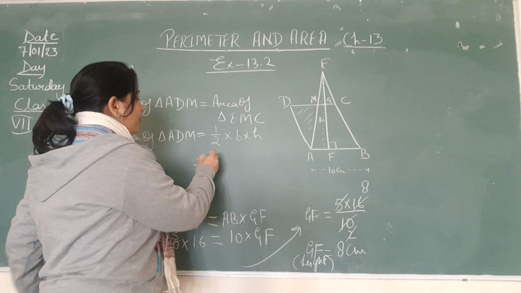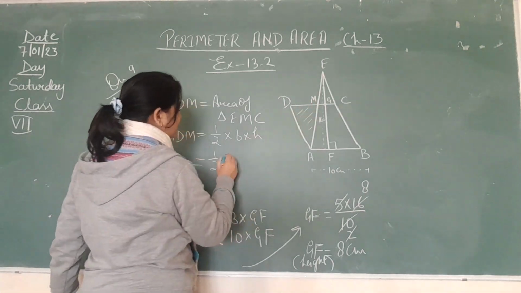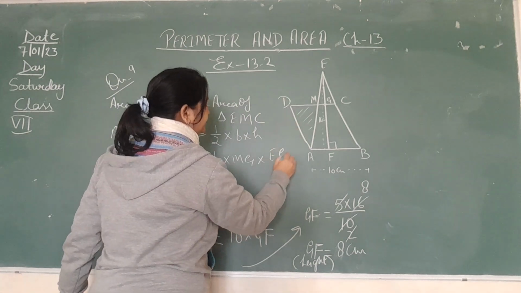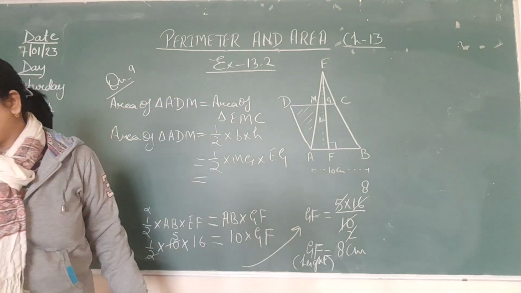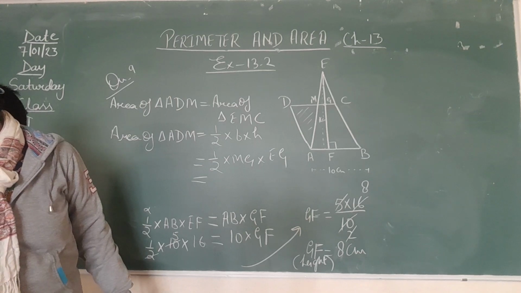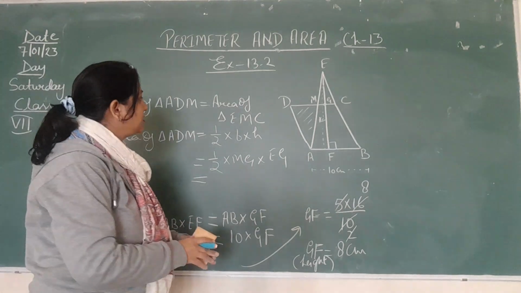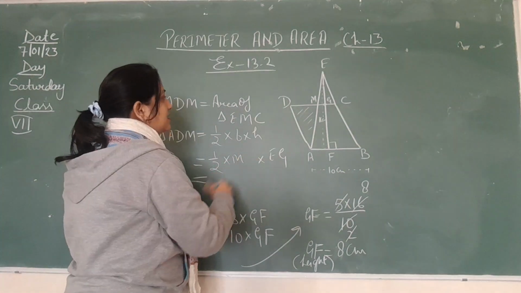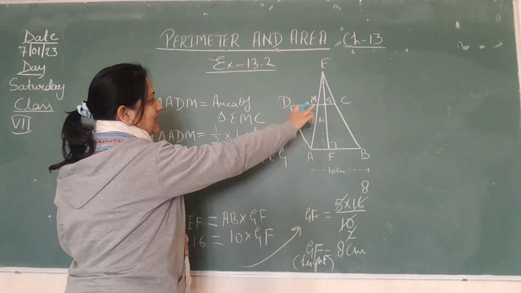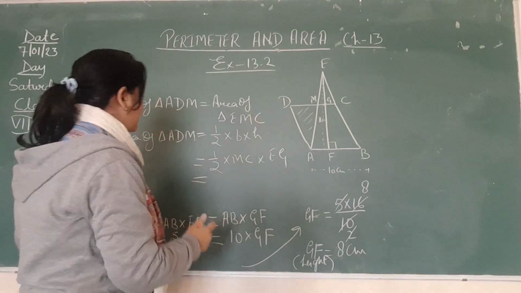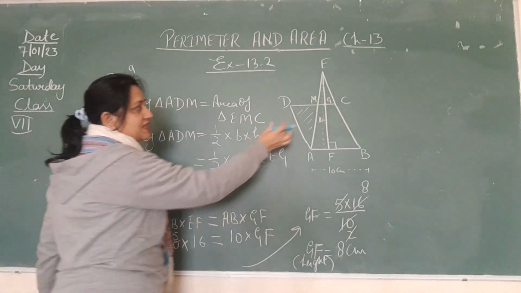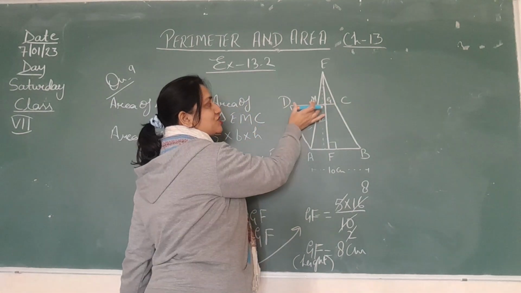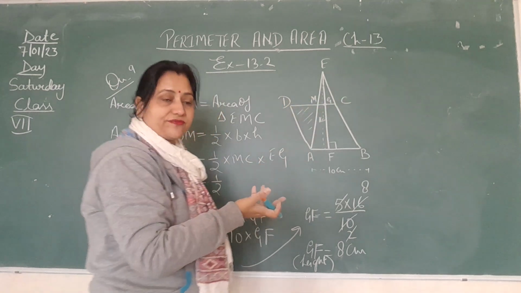Now 1 upon 2 base, base is MG and height is EG. So half, base is MC and height is EG. 1 upon 2 into MC. Because M is the midpoint, if DM is equal to 5, then MC is also 5 centimeter.